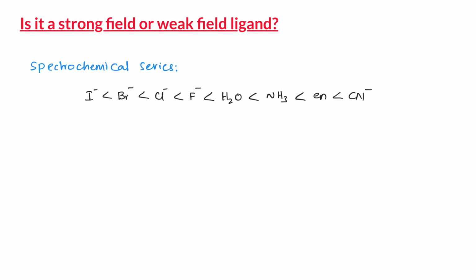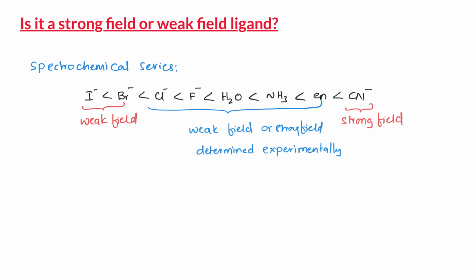It is safe to assume that the ligand with the highest field strength, that is cyanide ion, is a strong field ligand, and similarly, the ligand on the other side of the series with the lowest field strength is a weak field ligand. However, for the ligands in the middle, we have to determine experimentally if it acts as a strong field ligand or a weak field ligand.